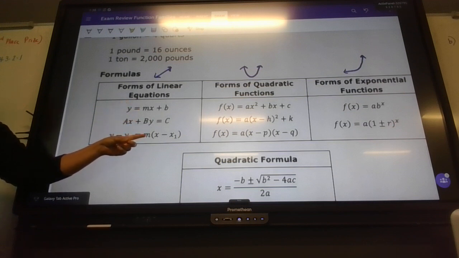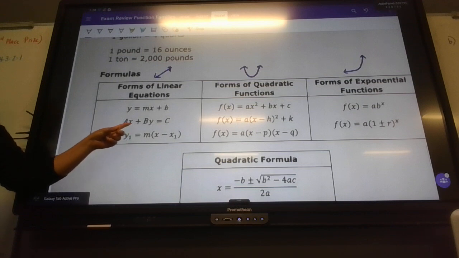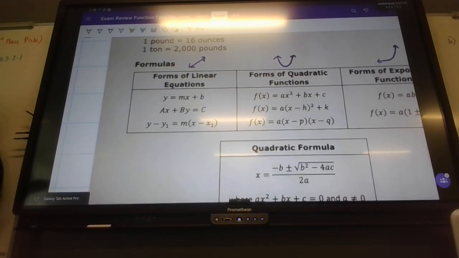We did that yesterday. This one is called standard form. This is the form that we plugged in zeros for. Yeah, keep this. On the day of exam, you can't get this out. They'll give you a blank one.